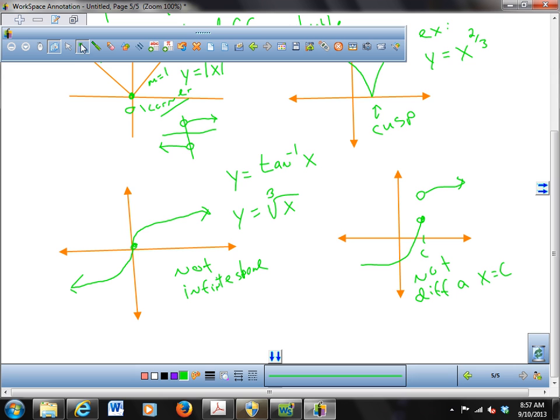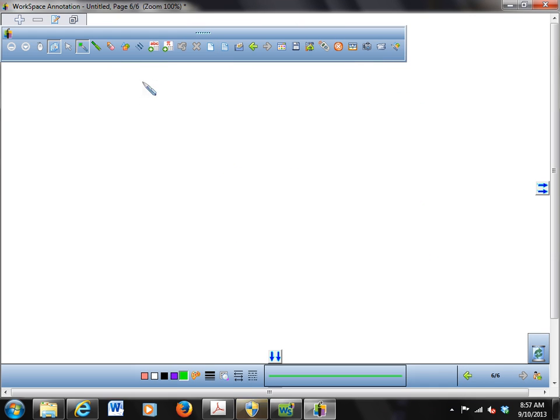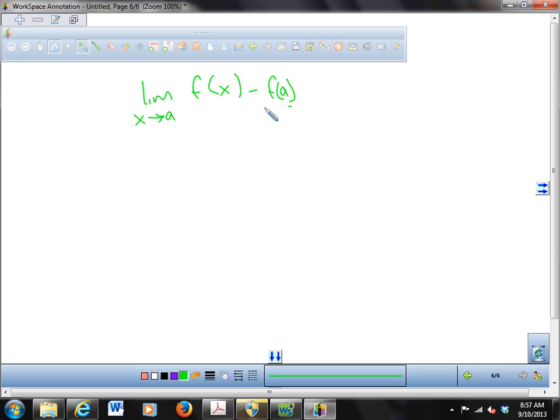In order for something to be differentiable, the limit as x goes to a of f of x minus f of a over x minus a must exist.